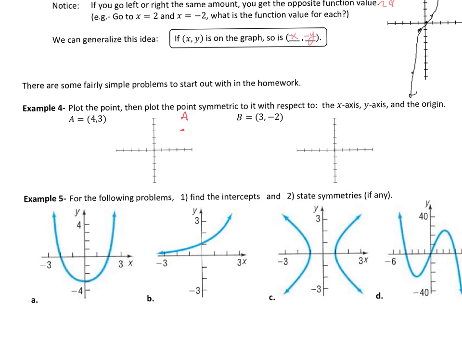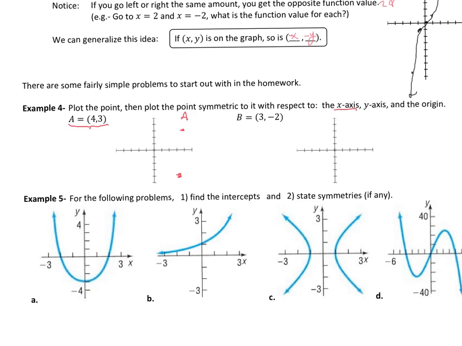Okay, so if I want it with respect to the x-axis, what's that new point? Okay, so I'm at, no, I'm sorry, we're using this point here. So we're starting at 4, 3, so with respect to the x, yeah, I got you. So then where's our new point? 4 and negative 3. Okay, that's your x-axis.